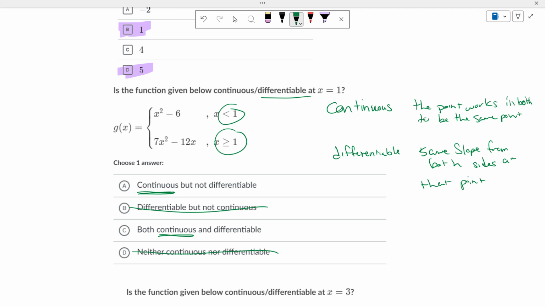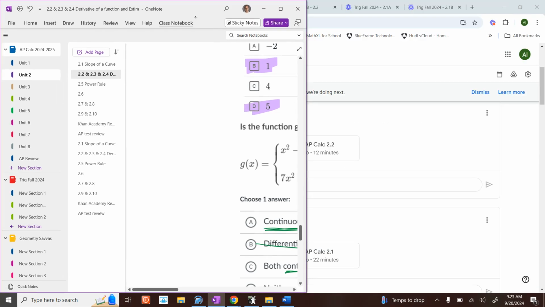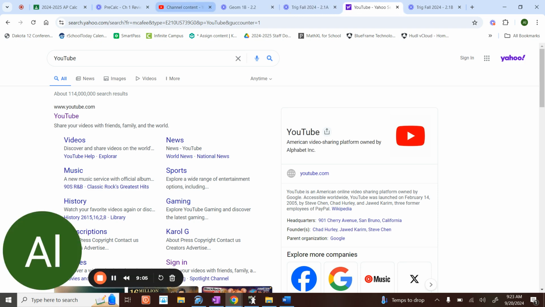Now, the only problem I have with them throwing this section here is we haven't found the shortcuts to find derivatives yet. That'll be next week. So I tell people, let's graph these. Okay, so you get out your graphing calculator.